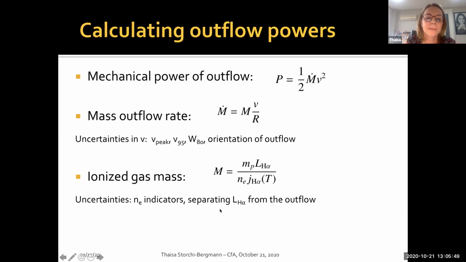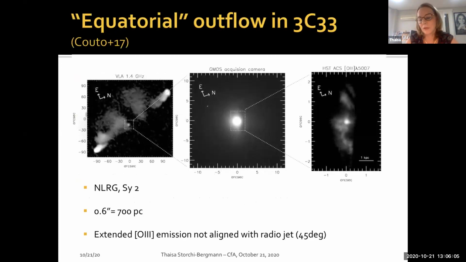And also separating the gas that is outflowing from the rest of the gas. We usually observe both the gas that is outflowing together with gas that's in orbit in the galaxy, for example. So I'm going to pass quickly to some examples of these measurements.